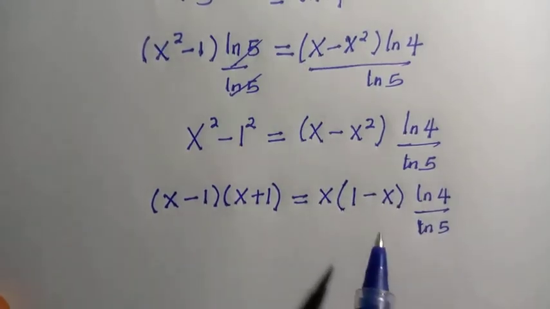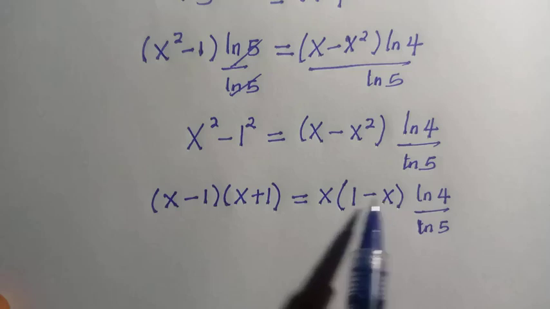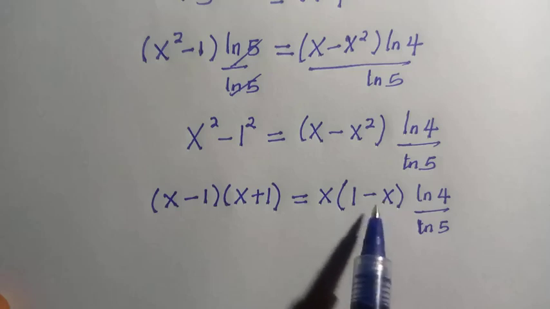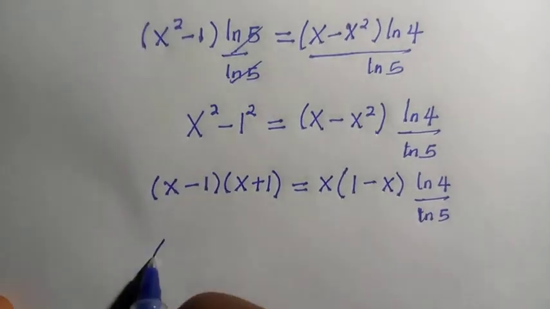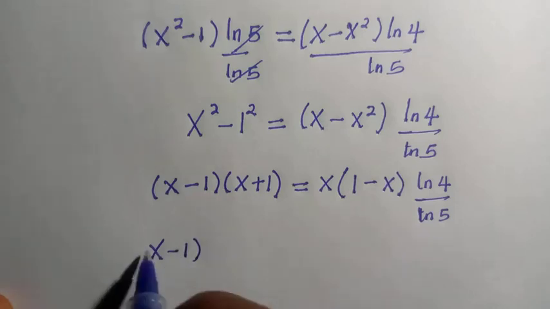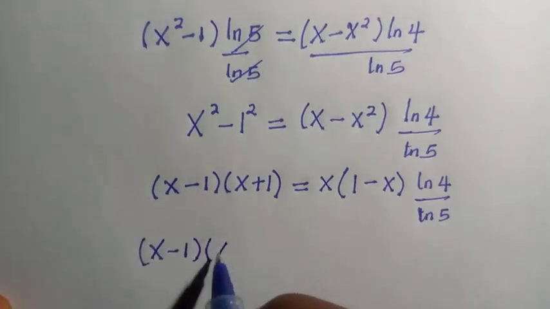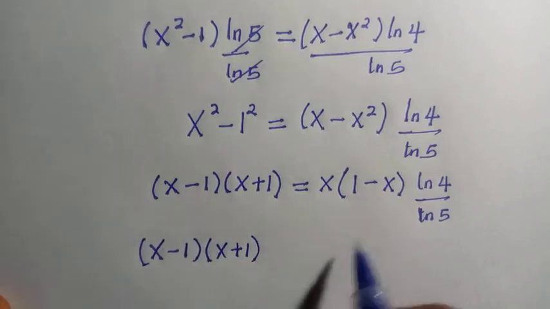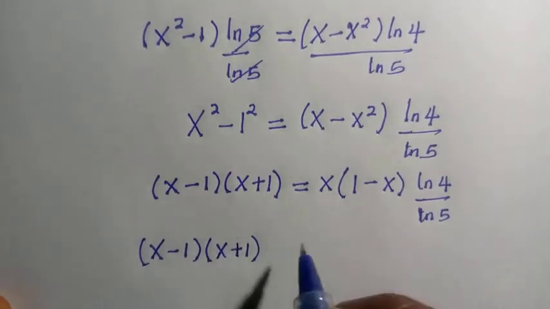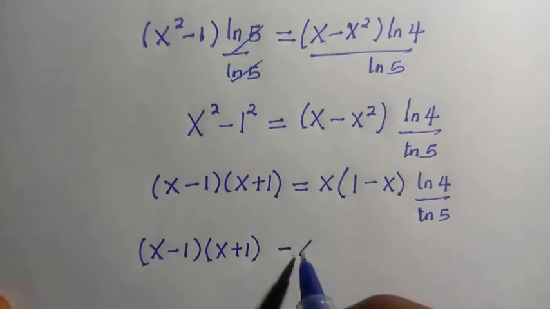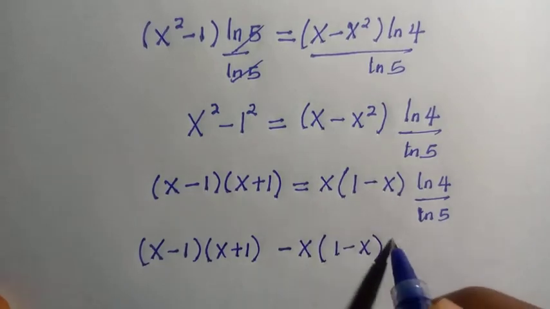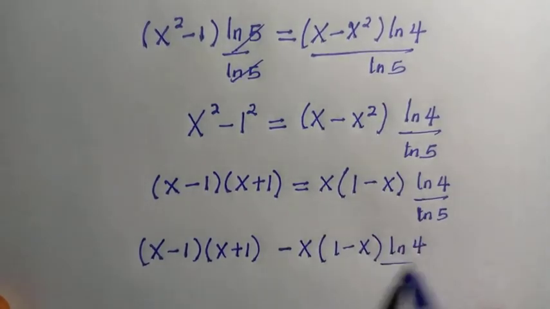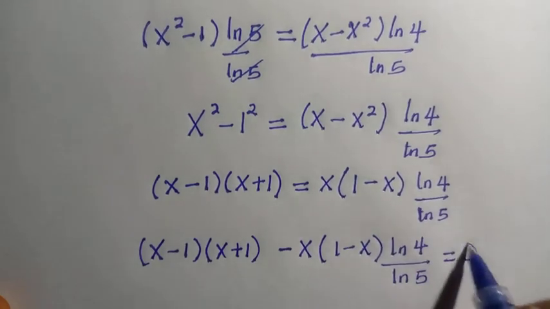And next, let's try to rearrange this. So let's take the whole of this thing here. We have x minus 1, open bracket, x plus 1. Then by taking the whole of this here, this changes to minus x into bracket of 1 minus x ln 4 divided by ln 5, everything equals 0.